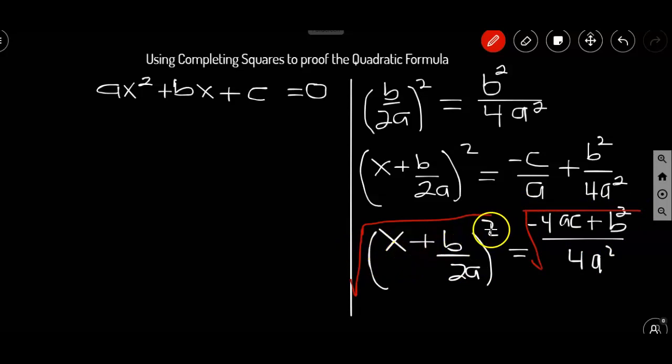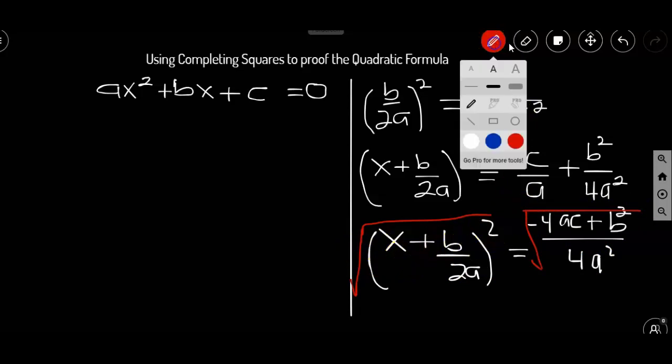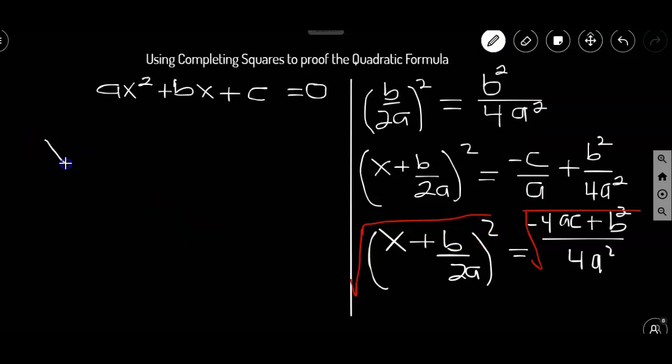So when we take a square root, this goes away. We rewrite x plus b over 2a equals the square root of negative 4ac plus b squared. We rewrite that.